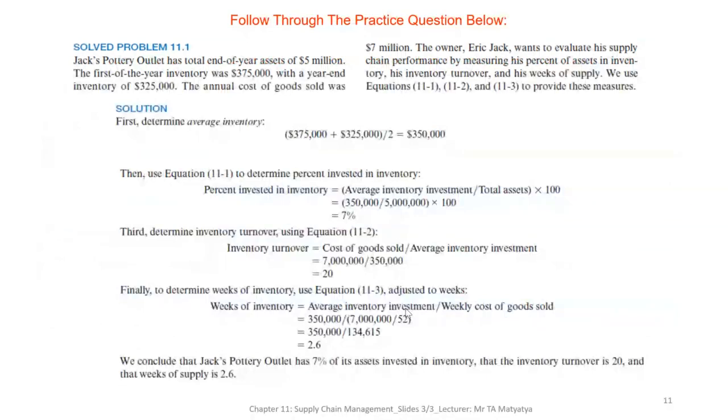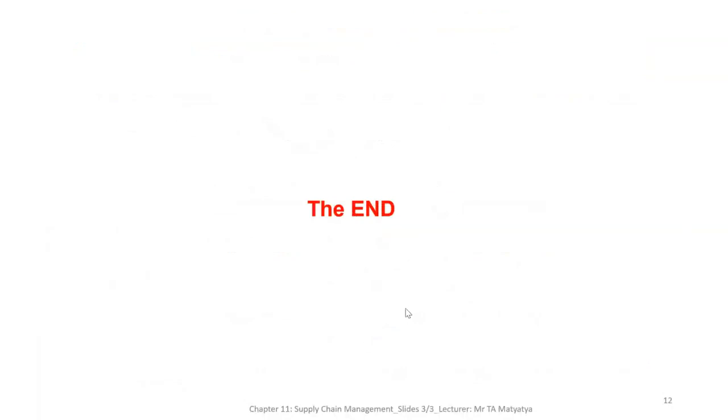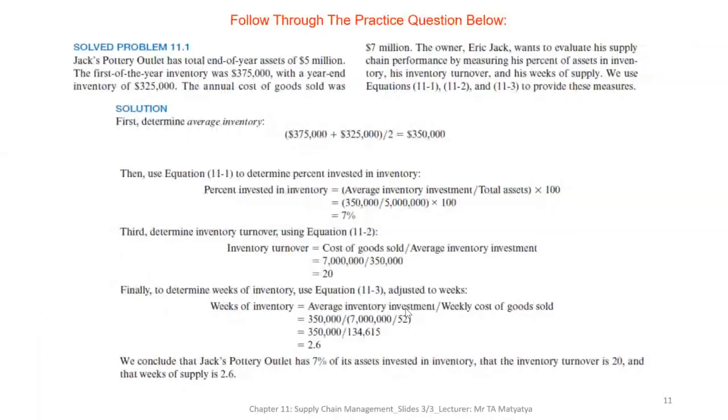Okay, Jyoti Potter has total end-of-year assets of 5 million. The first year inventory was 375. The next year, inventory of 350. The annual cost of goods was sold. Okay, these are just the typical calculations that we're going to do just now.